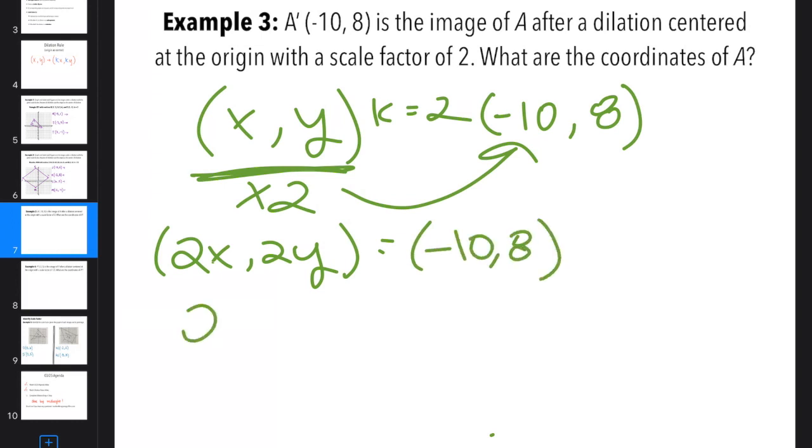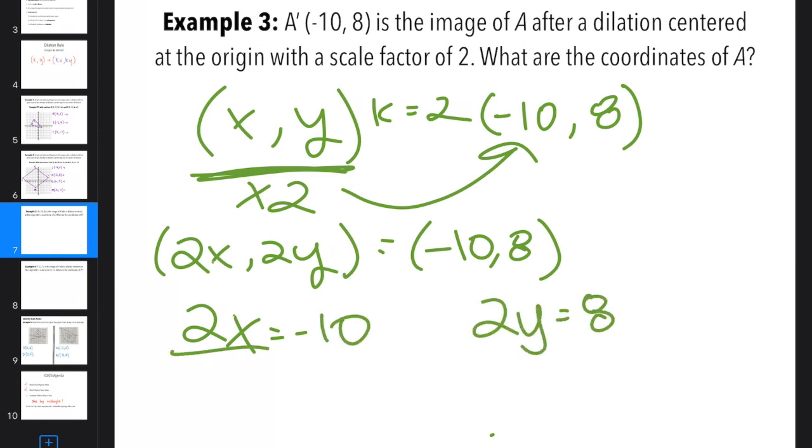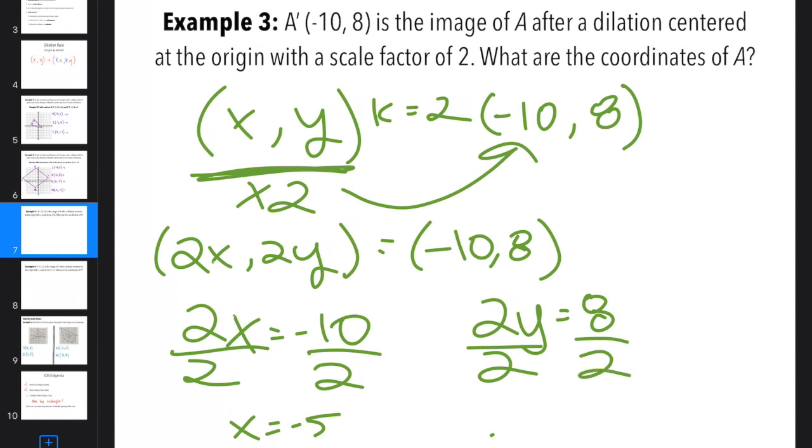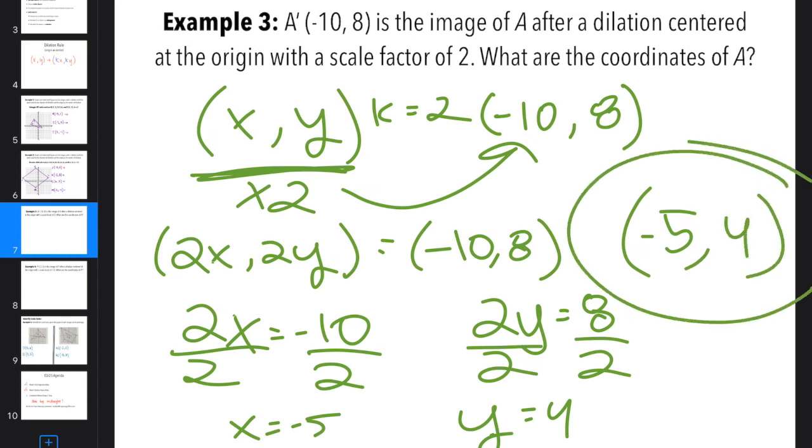And now I'm just going to break it up. So 2x is equal to -10, 2y is equal to 8. Divide by 2, divide by 2. x is equal to -5. Divide by 2, divide by 2. y is equal to 4. So my resulting coordinates for my pre-image is (-5, 4).